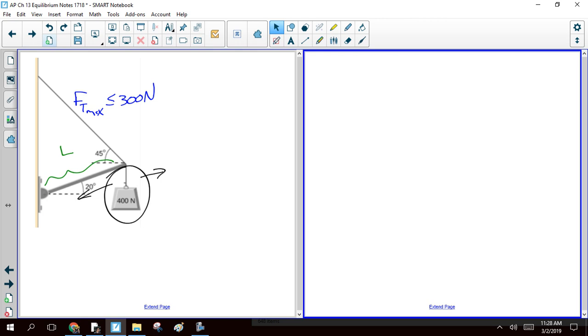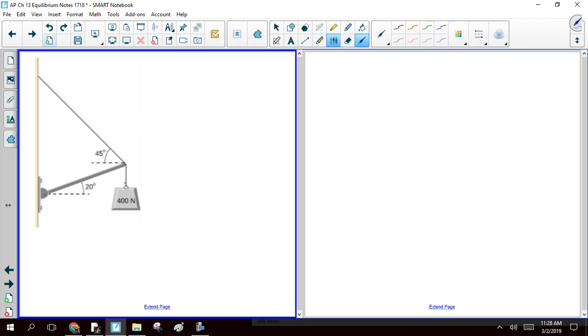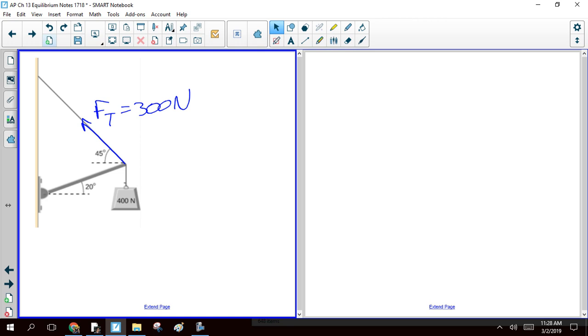let's see. So let's think about what our free body diagram is going to look like. I'm going to erase all this stuff. I'll just make a note here. Okay, so what do we got? So we've got tension. We're going to set that equal to 300 newtons. We've got force of gravity, 400 newtons.